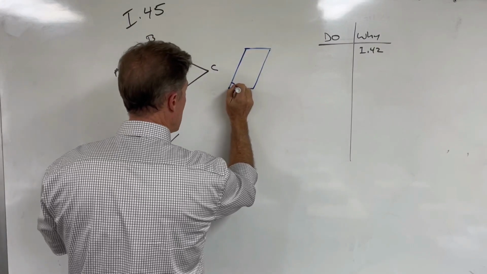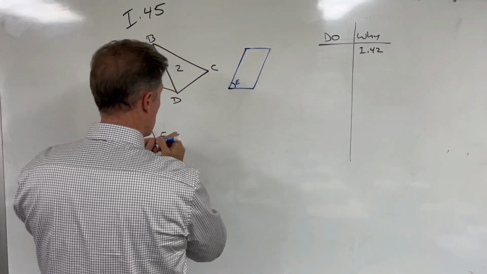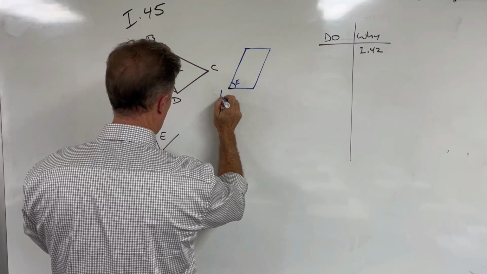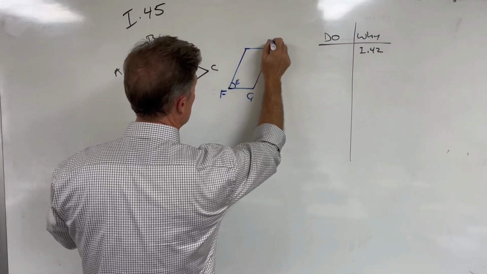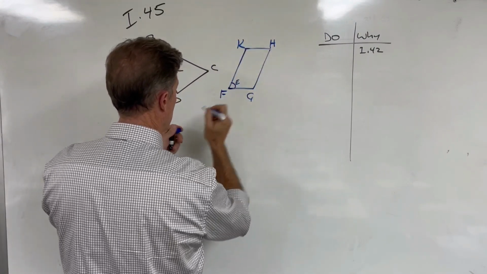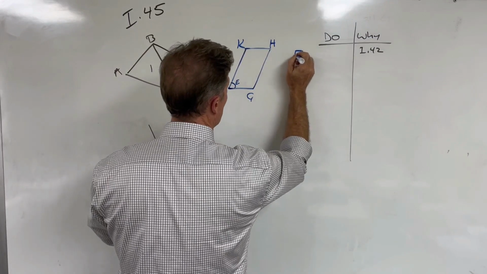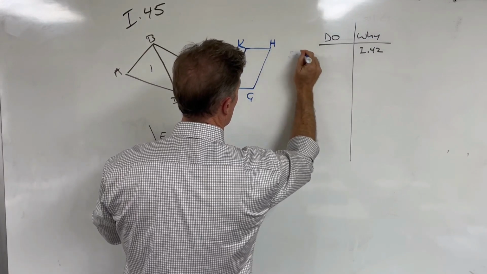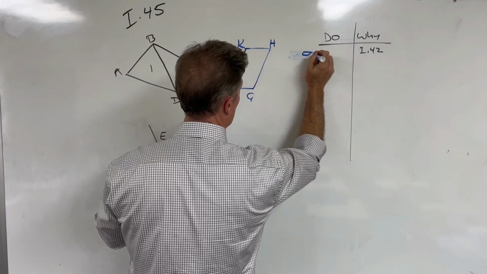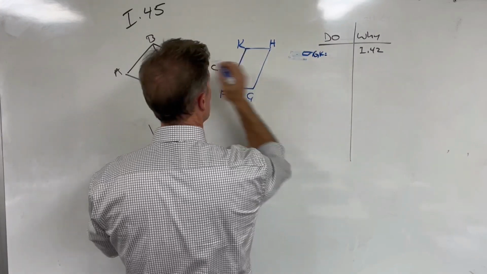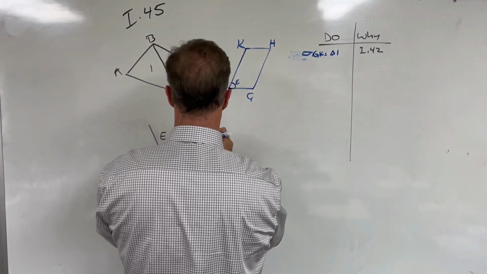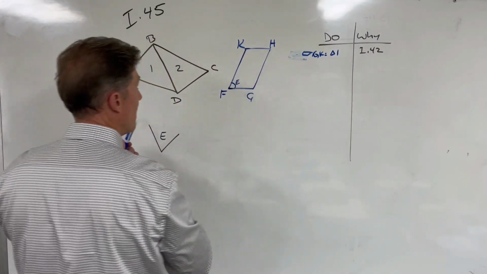And this is going to be equal to angle E here. So let's call this parallelogram FGHK. So we're going to make parallelogram GK equal to triangle 1 using this angle.